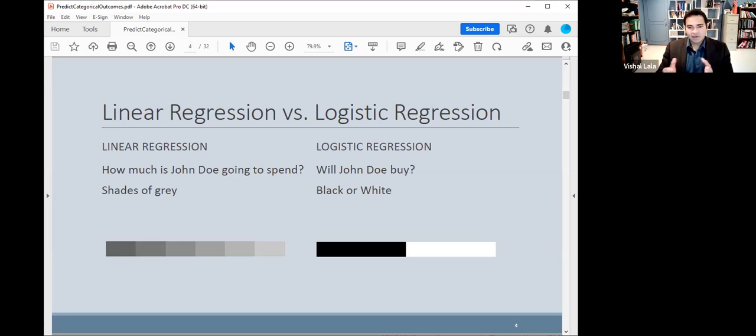Thus, it's a binary outcome. John buys or he doesn't buy. It's black or white. Thus, one way to contrast these techniques, think about linear regression as predicting an outcome variable that's shades of gray, while logistic regression predicts an outcome that is black or white.